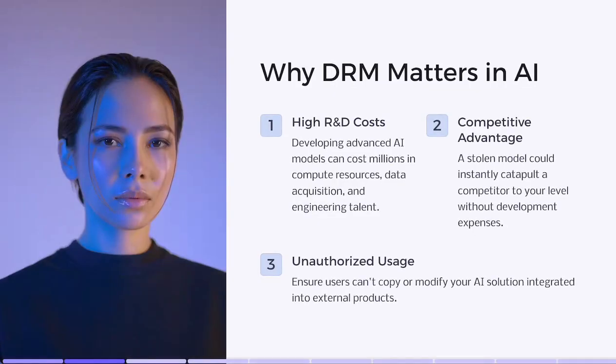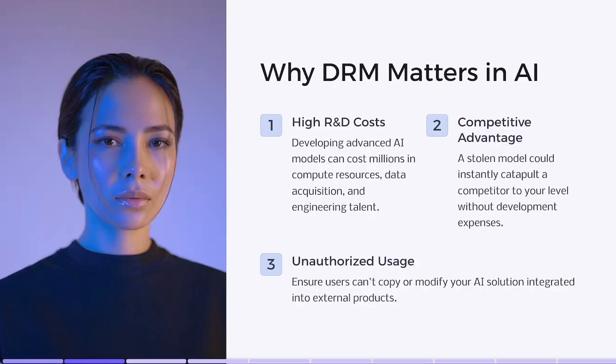So why does DRM matter in AI? DRM, or Digital Rights Management, typically refers to technologies that protect digital media like music and movies from piracy. But it's becoming increasingly important in AI also because of high R&D costs. Developing advanced AI models can cost millions in compute resources, data acquisition, and engineering talent.